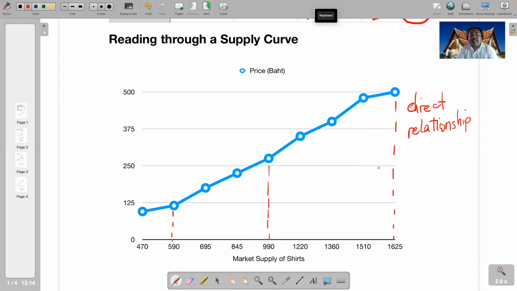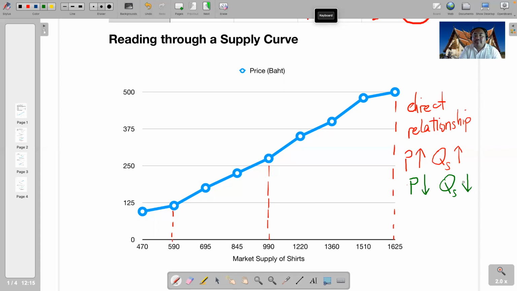This means that as price increases, so does the quantity supplied increase. And likewise, when price decreases, the quantity supplied decreases.